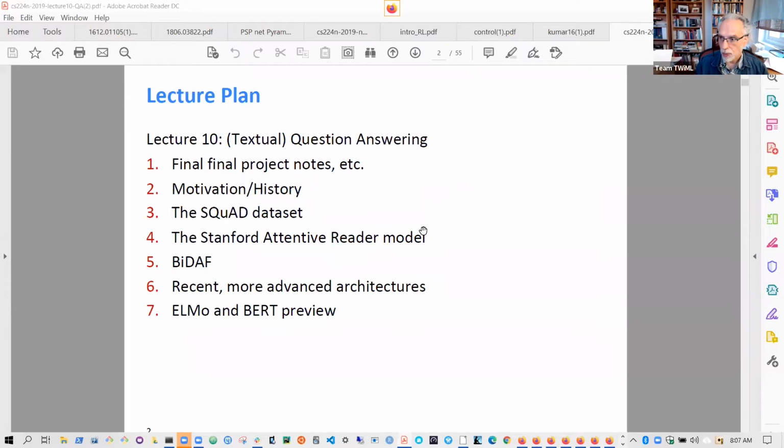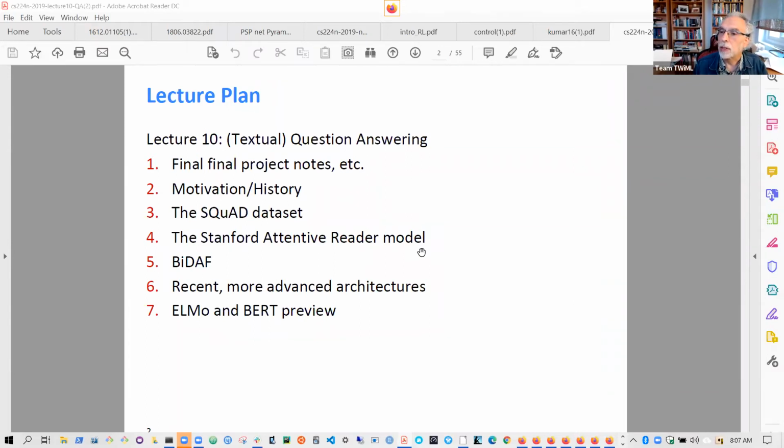And then this model called BiDAF, bidirectional attention flow. So we'll mostly talk about those things, and then he skips really fast over the last part, so we're not going to spend that much time on it. I'm going to try to cover 3, 4, and 5 today.